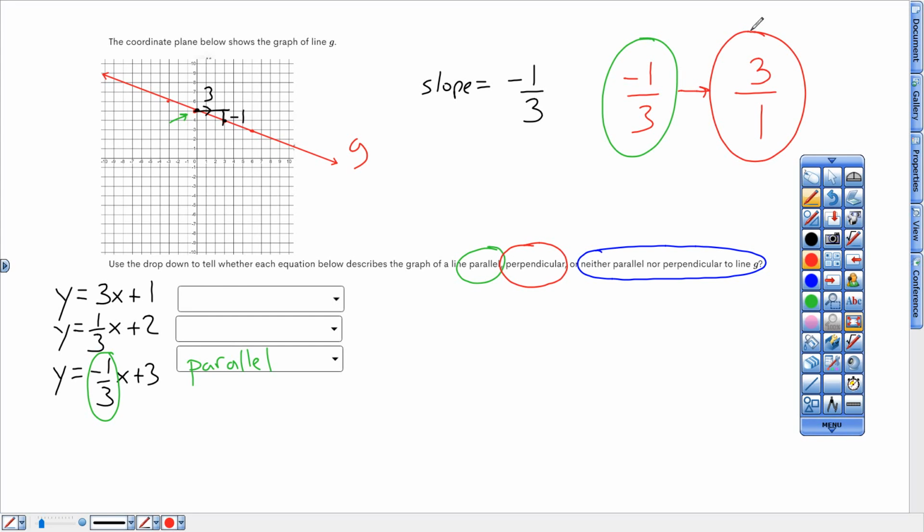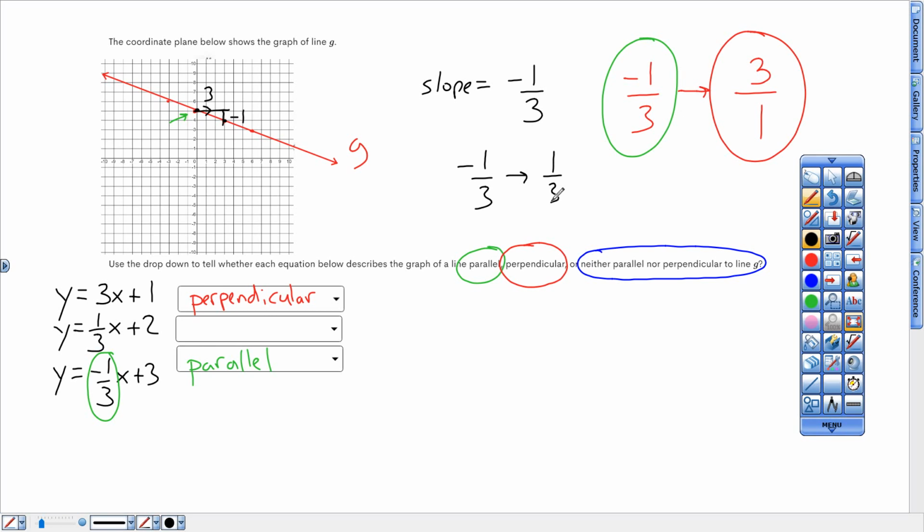So the one that has the 3x, which is opposite reciprocal, we call this perpendicular. Not the same slope in front of x like parallel, but the opposite flip-flop reciprocal of -1/3. And then, of course, if you look at 1/3 right there, if I just do the opposite of -1/3, that is neither.